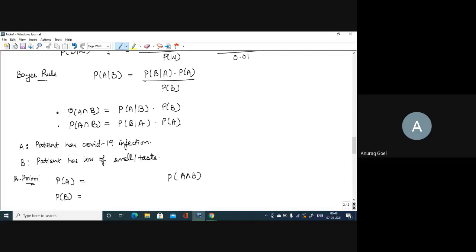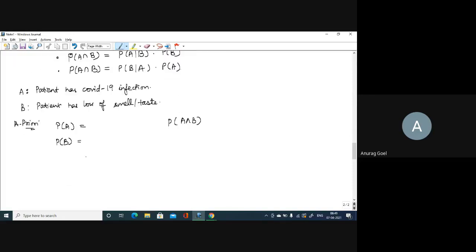Okay, so then if we calculate P of B given A, that would be equal to, for example, let's say this is 0.6, and this is 0.9. That means 90% of COVID patients have loss of smell and taste. So that is just for an example. So what is P of B given A?